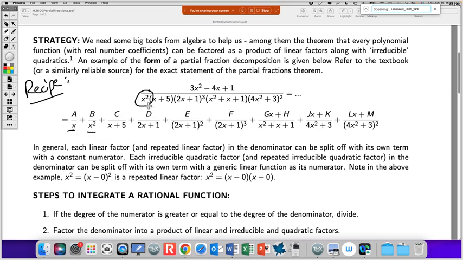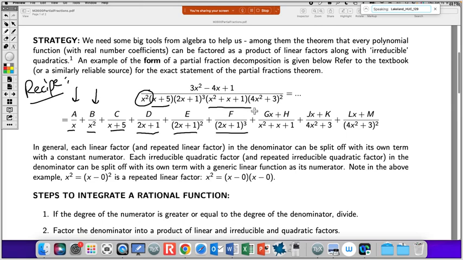You follow? And if you have a linear factor or repeated linear factor, you're going to get away with having just a constant in the numerator. x plus 5 is a linear factor that could contribute to this, so we have a constant because it's linear. 2x plus 1 is present, as well as 2x plus 1 squared and 2x plus 1 cubed. These are all contributing linear factors, so they all have constants up there.